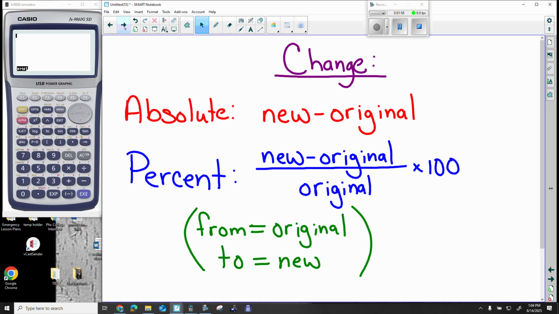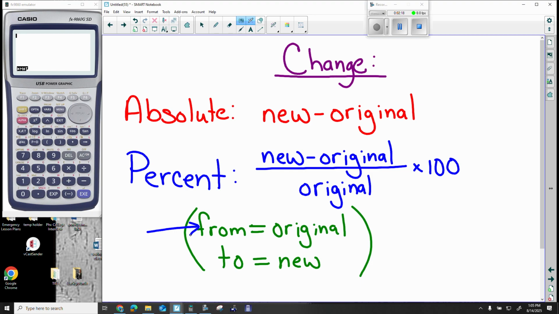To help us figure out our absolute change and percent change, you might want to look at your problems for contextual clues. Where the thing comes from is usually the original value.